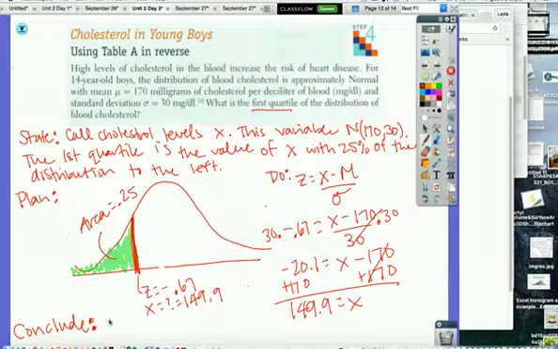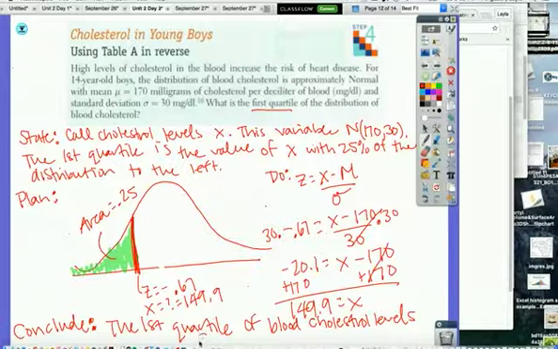The first quartile of blood cholesterol levels for 14-year-old boys is about 150 milligrams per deciliter. The reason I said 150 is because it was 149.9, so I just round up.